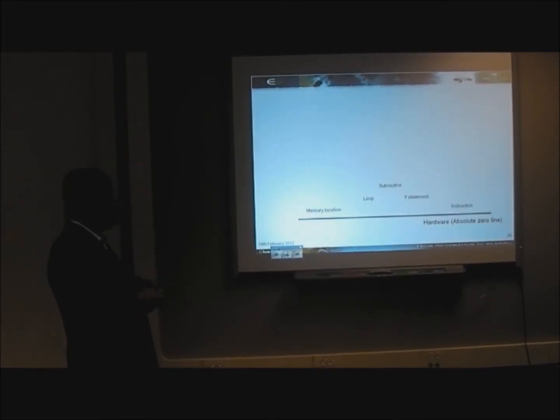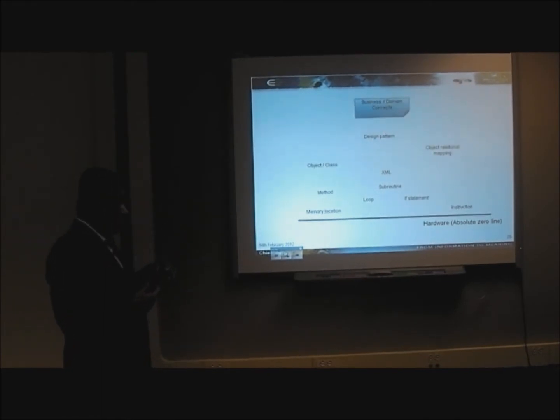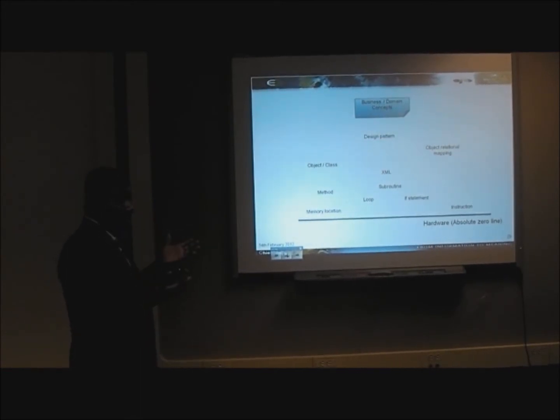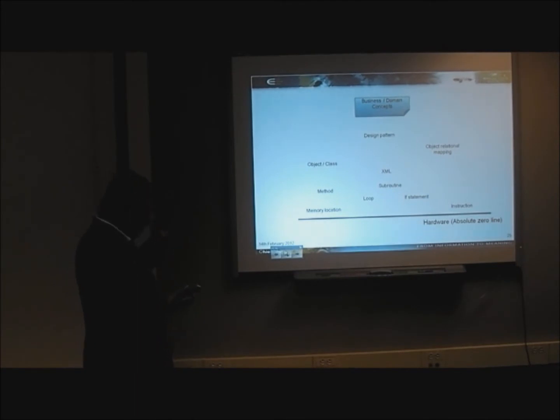There are these other things that will come into play. When you go on writing your software, sometimes you come across memory locations and instructions, if you write in assembly. Those are concepts that are pretty close to the hardware. And then there are much higher abstract concepts like methods, objects, classes, and even design patterns.